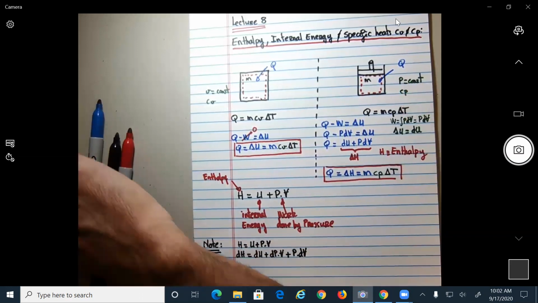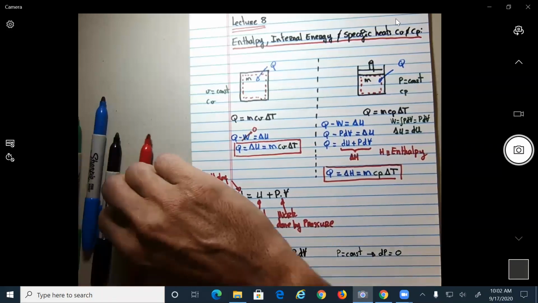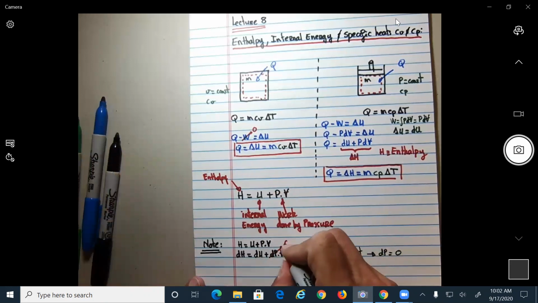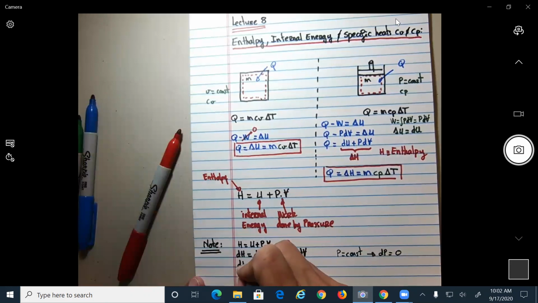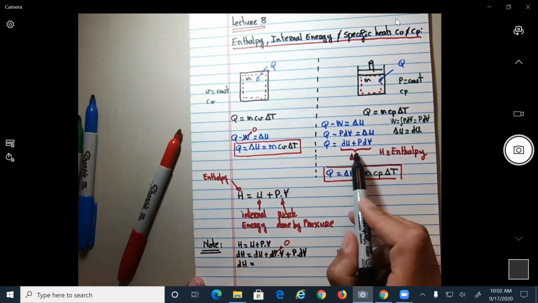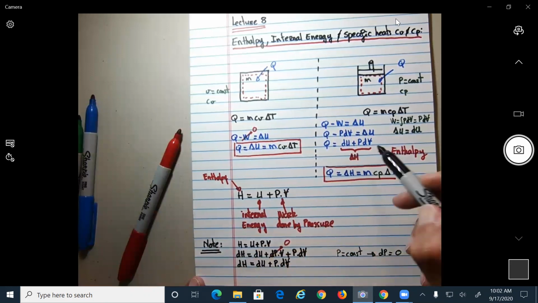Is that P is constant. So if P is constant, what does that mean? That the value dP should be equal to 0. If you take the derivative of a constant value, you get 0. So all this term is 0. So at the end, you end up with what? dH, which is what we have over here, should be equal to dU plus PdV.